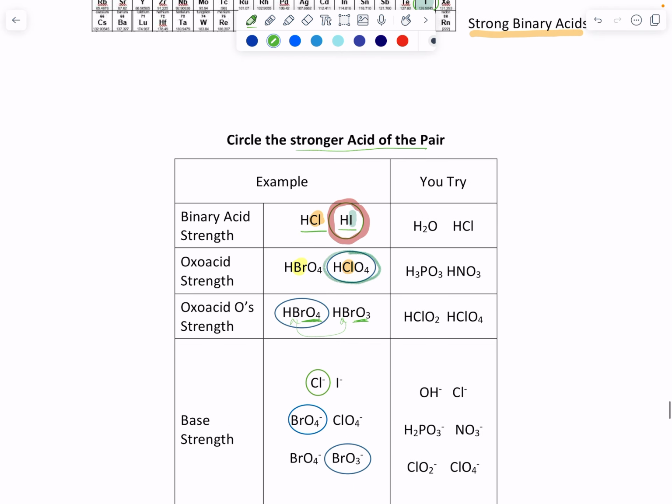And you'll notice that if this is my strongest acid, and we're comparing the base form, the form that's missing the H, that would mean that this is my weakest base. If this is my weaker acid, then that means that this is my strongest base.